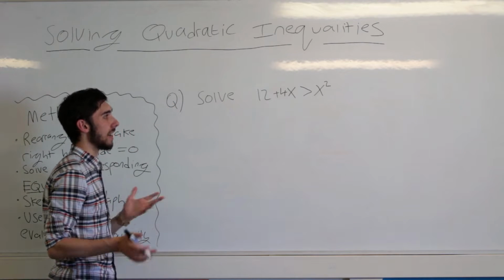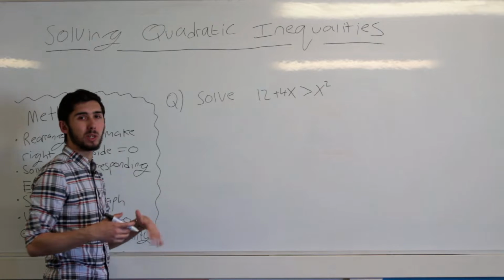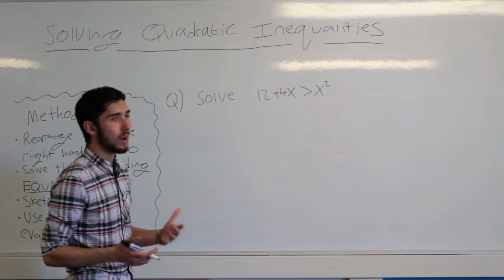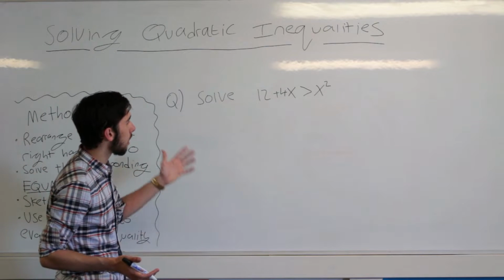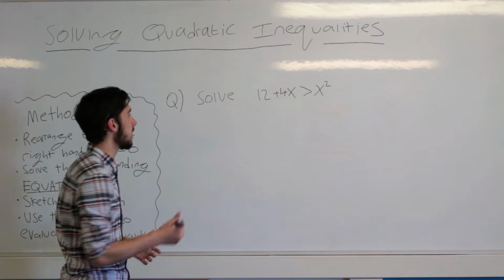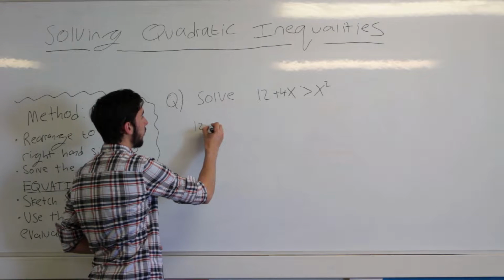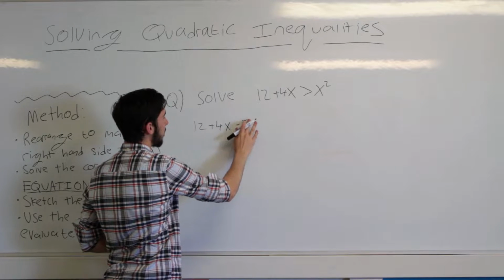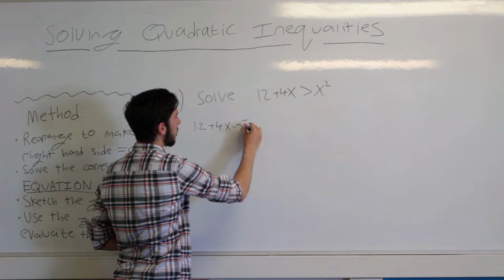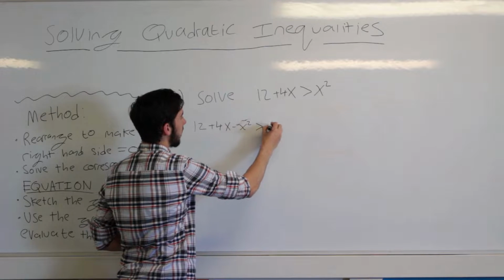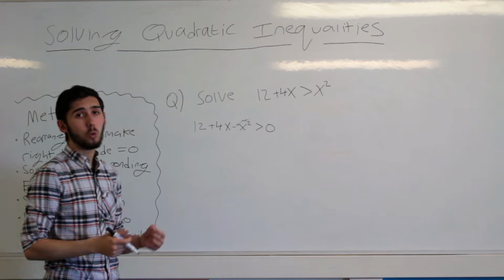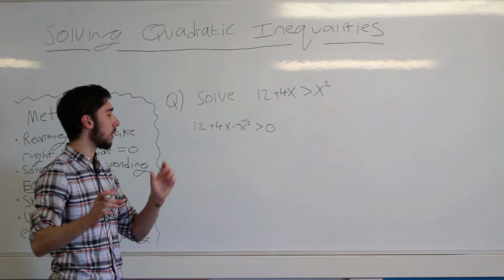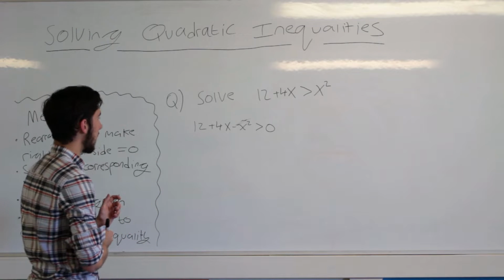So by taking an x squared away from both sides, remember we can still use those equation manipulation things, but just as an inequality, I'm going to say that 12 plus 4x minus x squared is greater than 0, okay? So all we did was take an x squared away from both sides, okay?